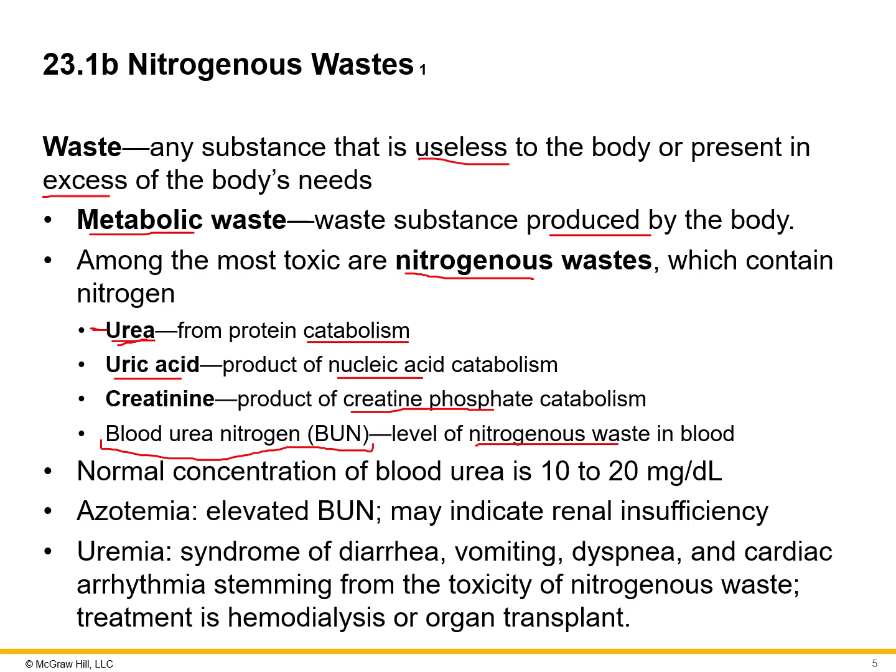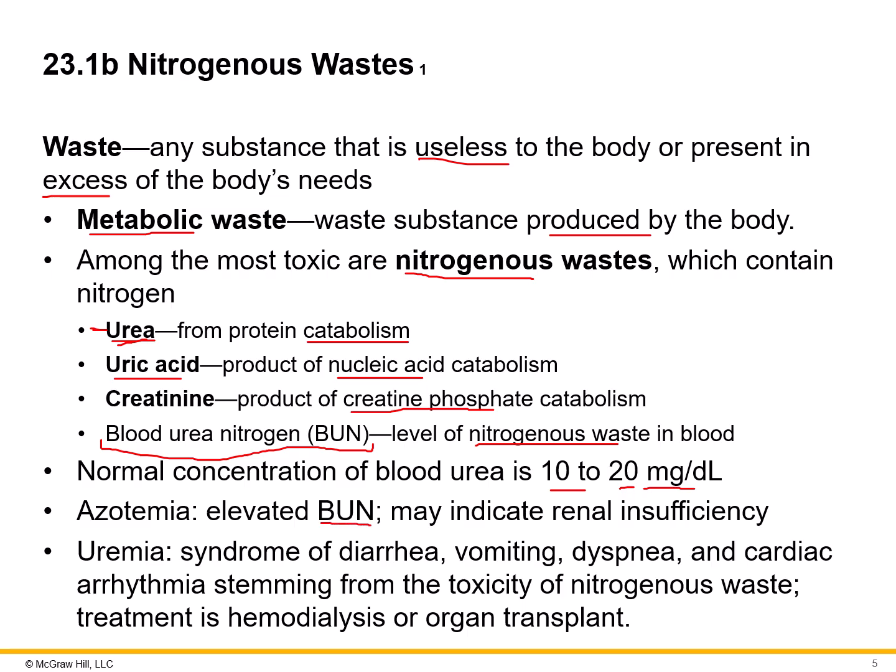If you have a normal concentration, a normal BUN, it's about 10 to 20 milligrams per deciliter. However, if your kidneys aren't working well, that means nitrogenous wastes are not getting released from the body properly. They build up, and it can elevate this BUN, this blood urea nitrogen.